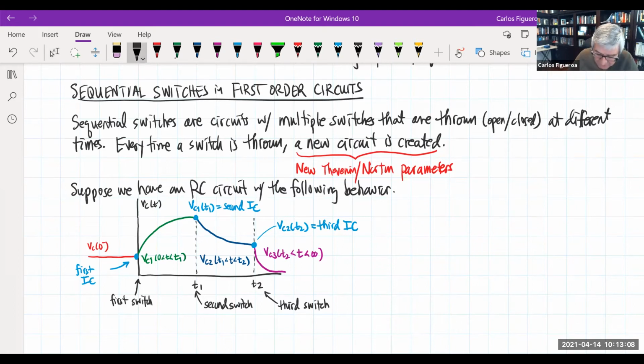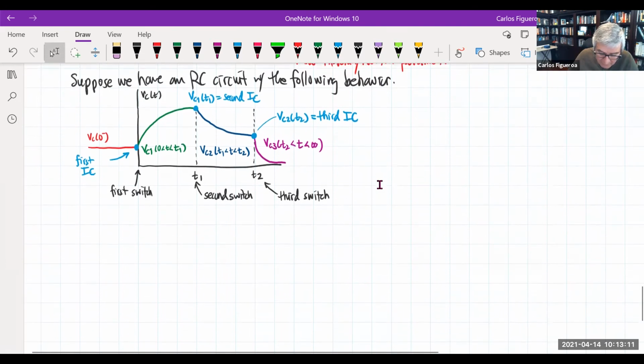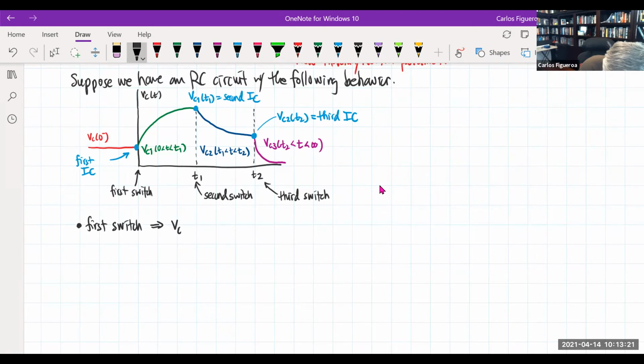So let's look at the first switch. I don't want to get too high up because I want to keep that. So the thing here is that I have the first switch. So the first switch implies that I have my first initial condition value right there. Now I'm going to use this for my first interval. And when I look at my first interval, what that means here is that now I have a charging capacitor here. And because it's green, I'm going to write this in green just to make it as clear as possible.